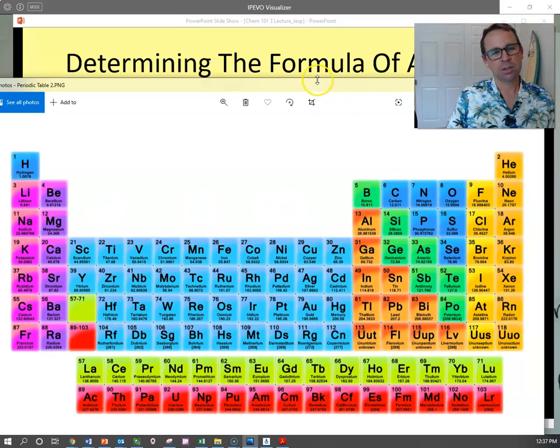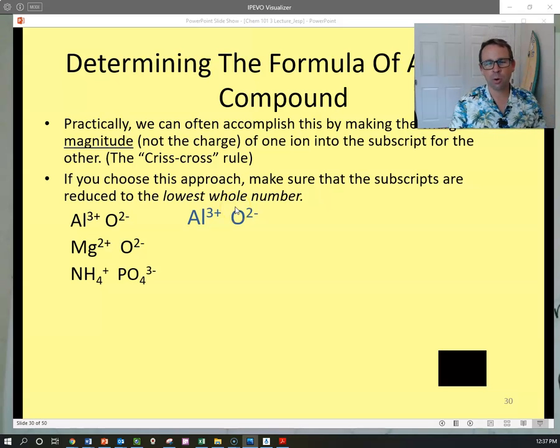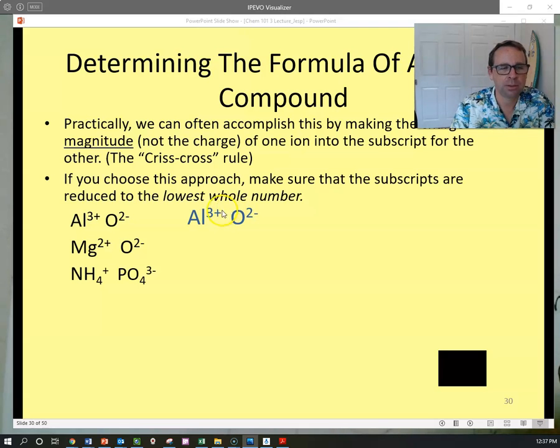All right. So, aluminum with a +3 charge, if it's going to come together with an oxygen with a -2 charge, what is the resulting compound that's going to form between these 2 ions? What is the chemical formula going to be? It's going to be aluminum oxide.